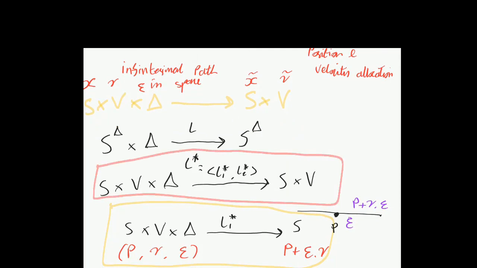So basically, if we know the current position and the current velocity, and we have an amount of time epsilon, then in an epsilon amount of time in the future, we can find the new position by applying this function L1 star to these three quantities, and we can apply this function L2 star to find the new velocity.